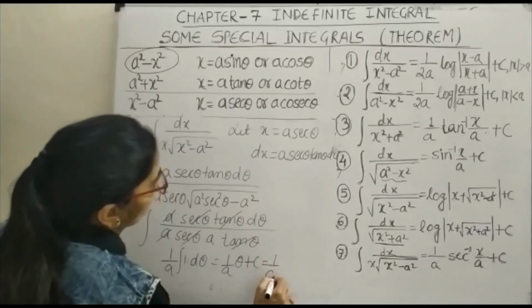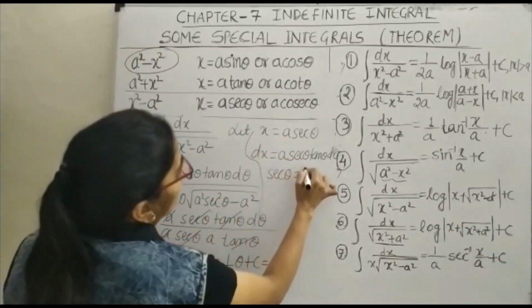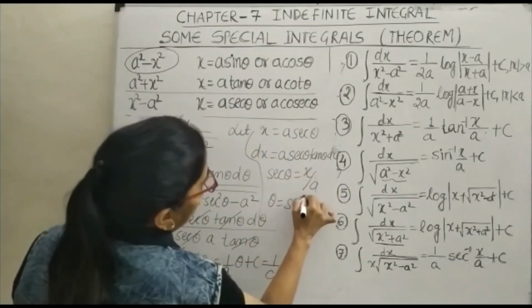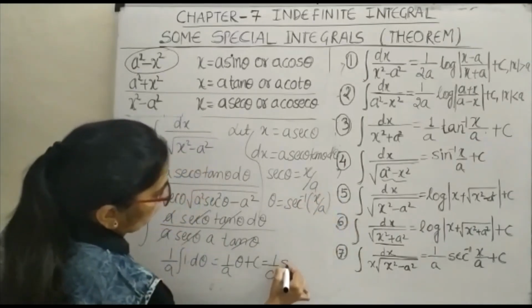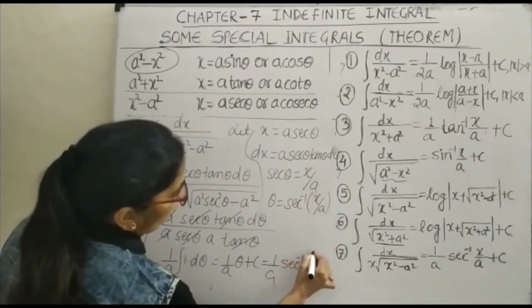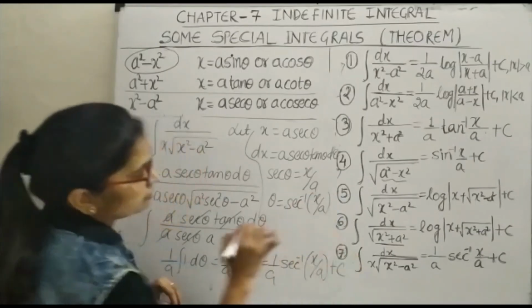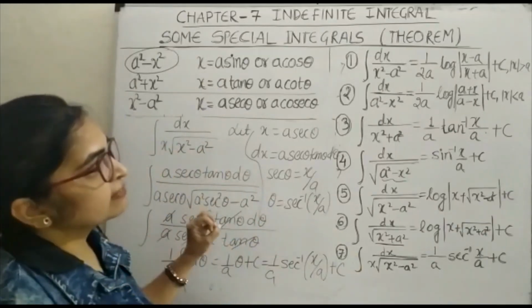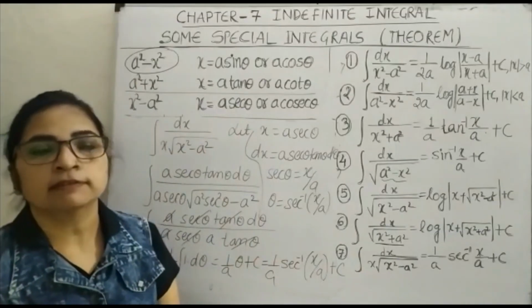From here you can see that sec theta is x upon a. What will be theta? Sec inverse x upon a. So this becomes sec inverse x upon a plus c. So this is how we have done by the important substitution the proof of the special integrals. Thank you.